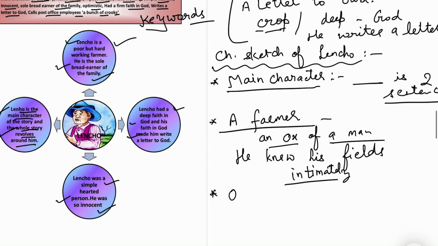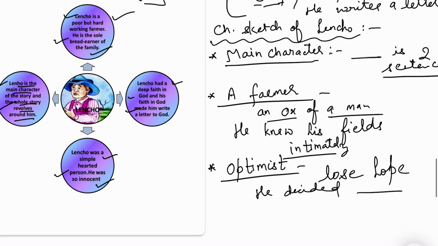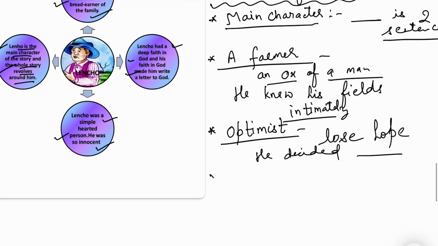Next, you can mention optimist. So, Lencho was an optimist. He did not lose hope. He did not lose hope when his crop was destroyed. He decided to write a letter to God and to get some help from God.